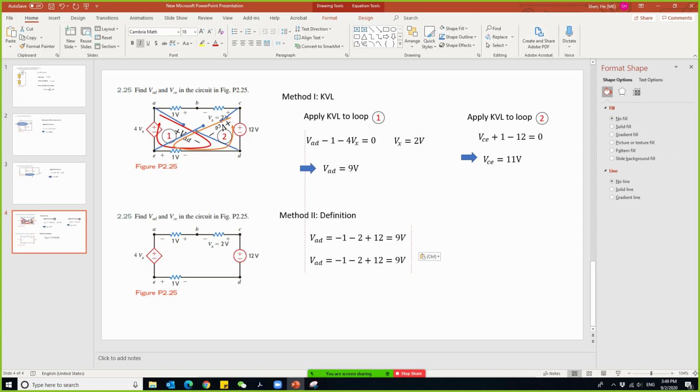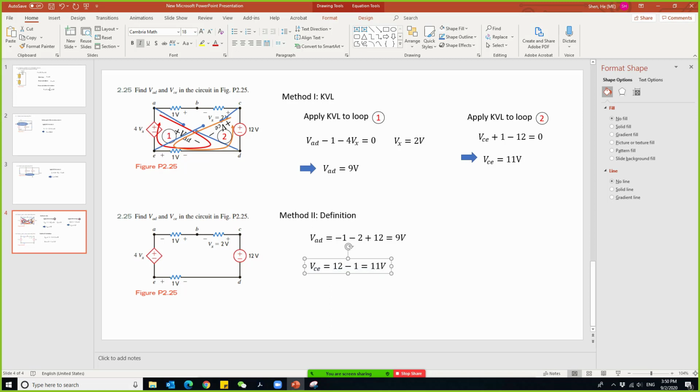You can do the same thing to find the voltage VCE, right? VCE means the voltage drop from node C to node E. You can follow this branch, you can follow the other branch, either way is fine. Let's follow this branch from C to E. I have the first voltage drop of 12, the second voltage drop is minus 1, that'll give you 11, right?